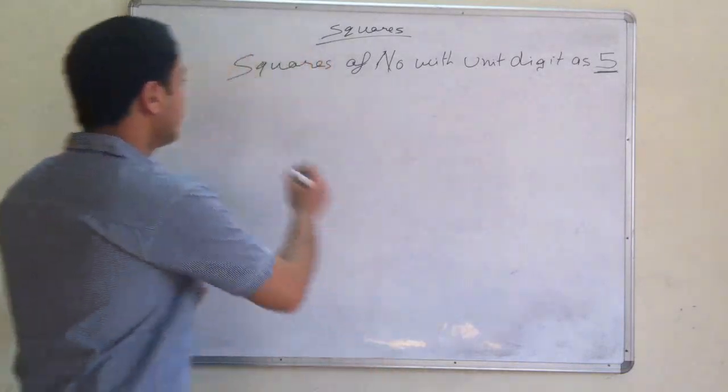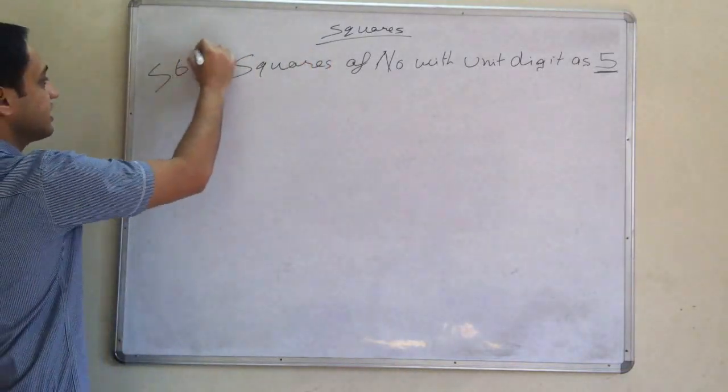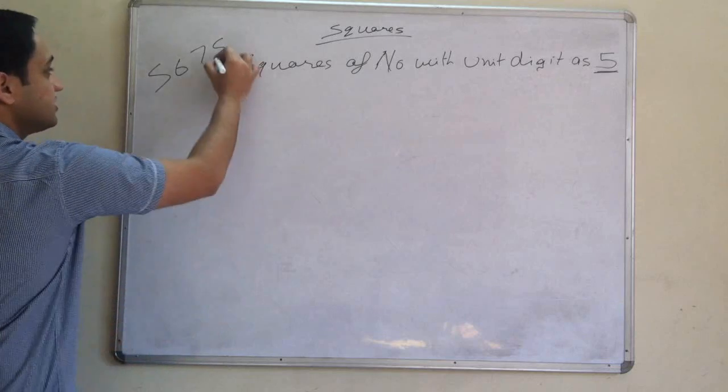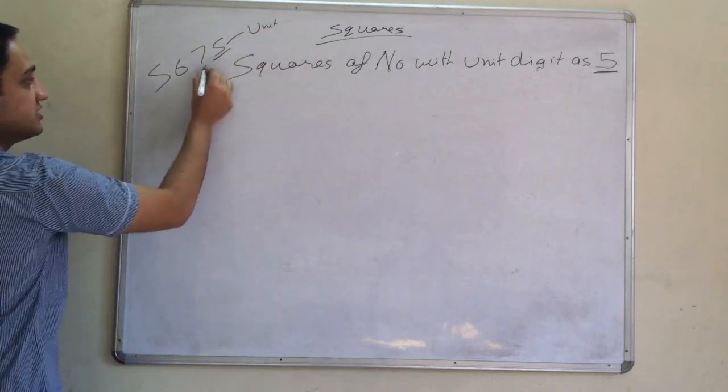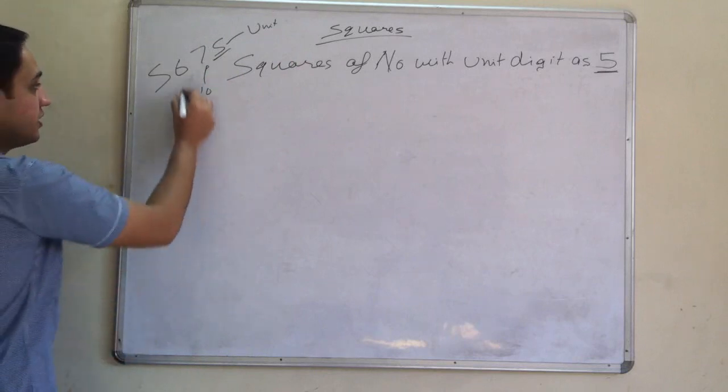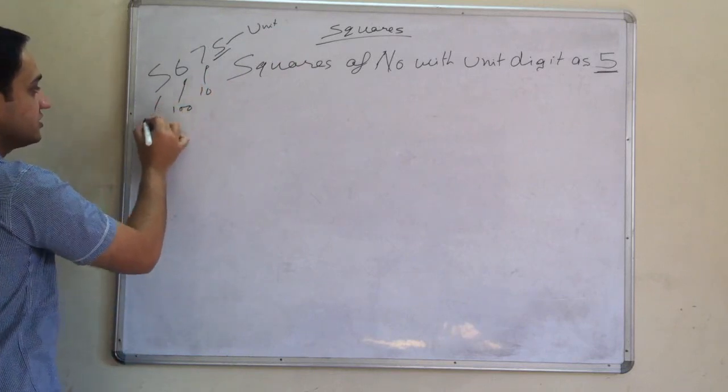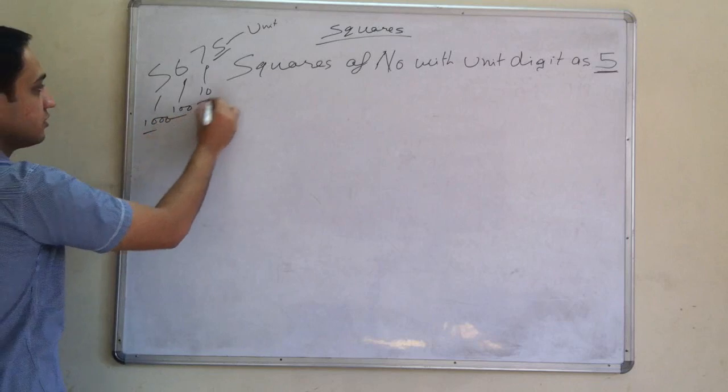So if I write one number, let's see, 5, 6, 7, 5. So this is the unit digit, this is the 10th place digit, this is the 100s, this is the 1000s.